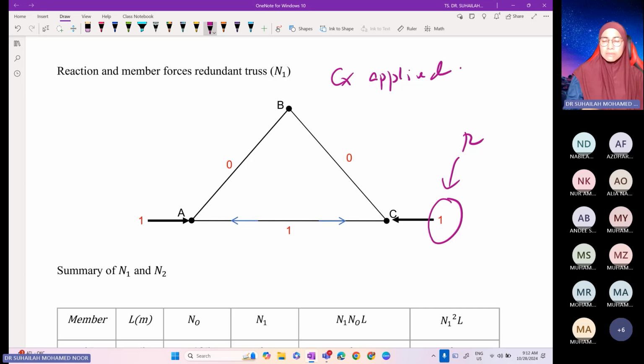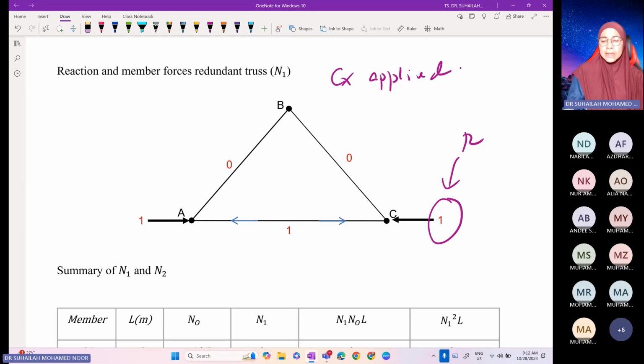Bila dia macam ni, okay, bila kita check for reaction, kita tak akan dapat nilai AX, AY. Sebabnya yang ni memang akan dapat kosong, ni akan dapat kosong. Sebab dia sama level. Bila kita take moment at A ke, take moment at C ke, kita akan still dapat kosong. So there is no vertical reaction in this truss.